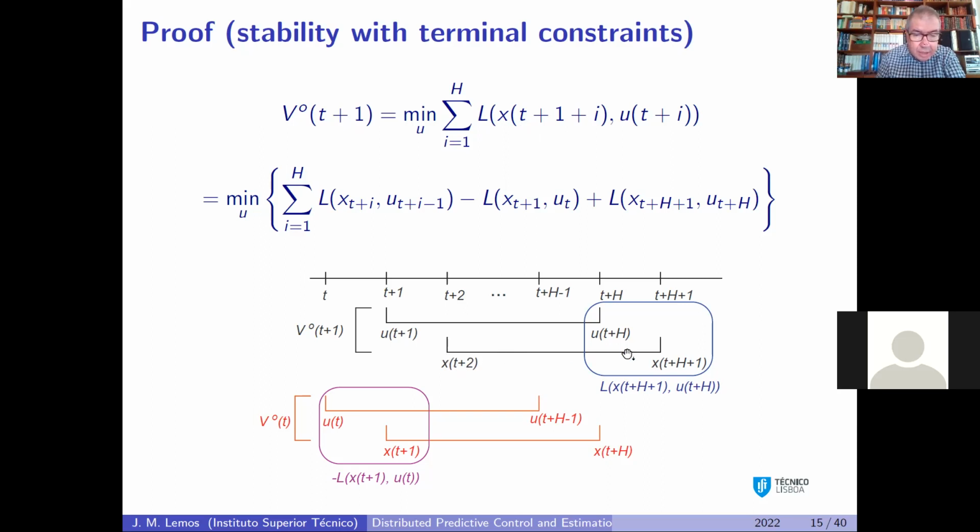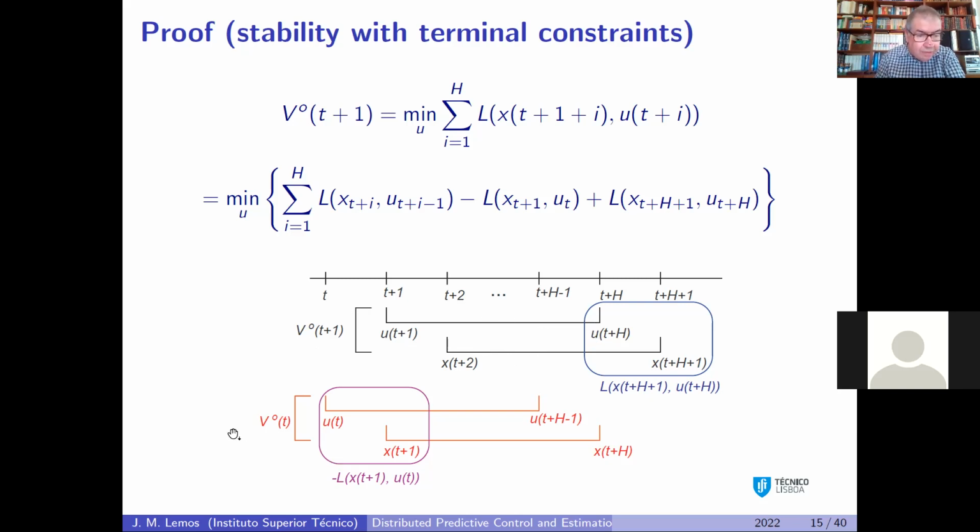That's this line here. And u goes from t plus 1 up to t plus H, okay? So these signals form together V0 of t plus 1. That's the black part.